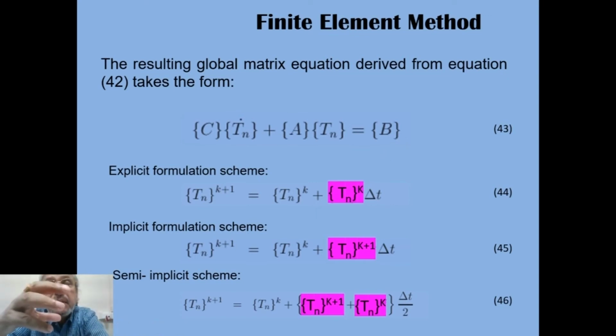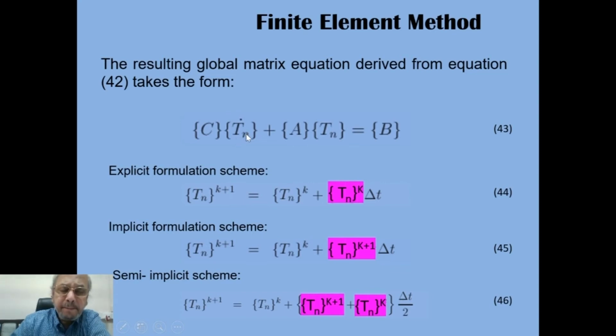From each element contribution, we get a 3 by 3 matrix, and then all these matrices are globally added up and form the global matrix. And then again, this unknown temperature equals the load vector.